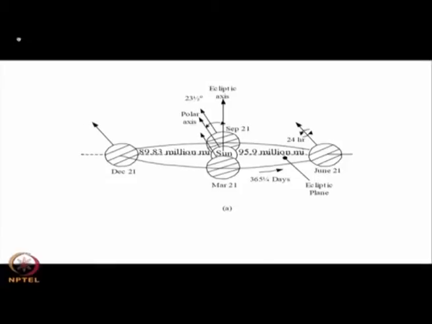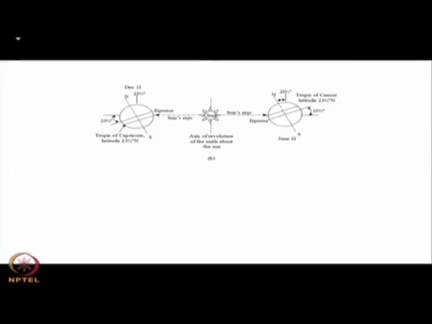So, this indicates how earth goes around the sun and the tilt of the angle. This is the best I could draw by hand, and you have a lot better pictures, including actual 3D video clips. You can find out how it changes with the season.